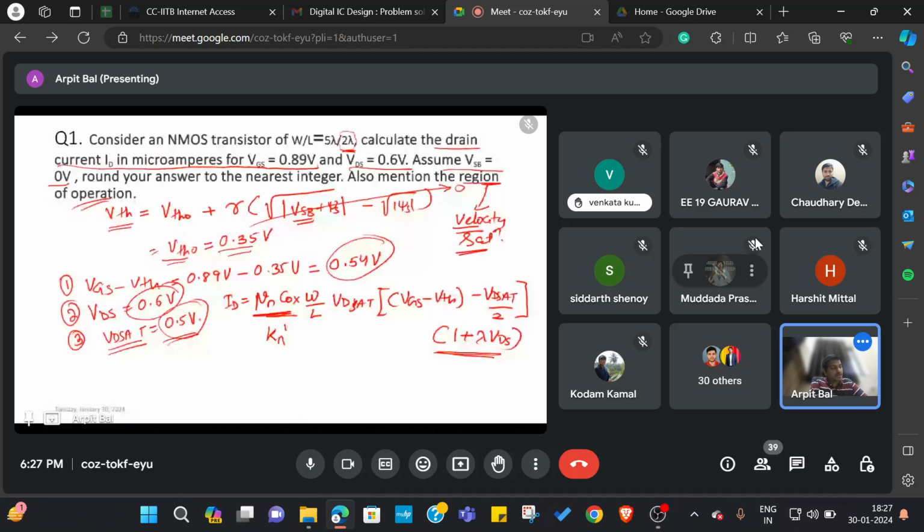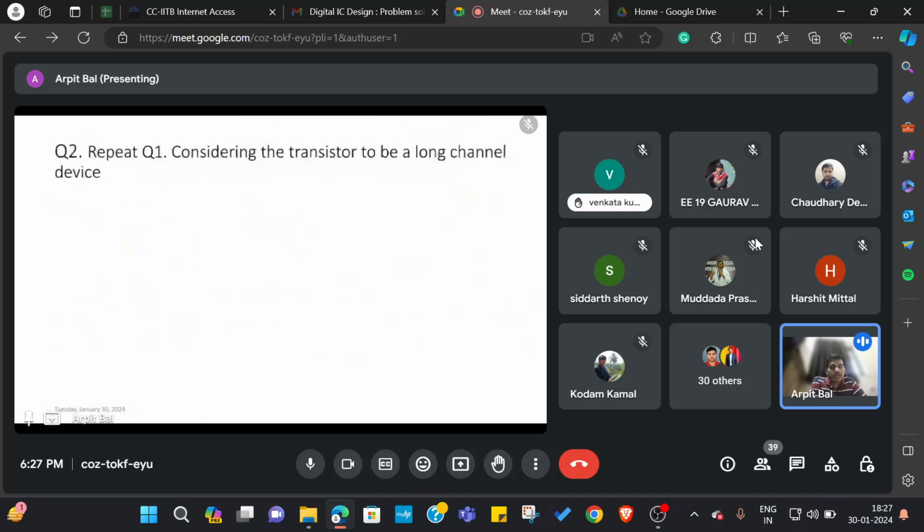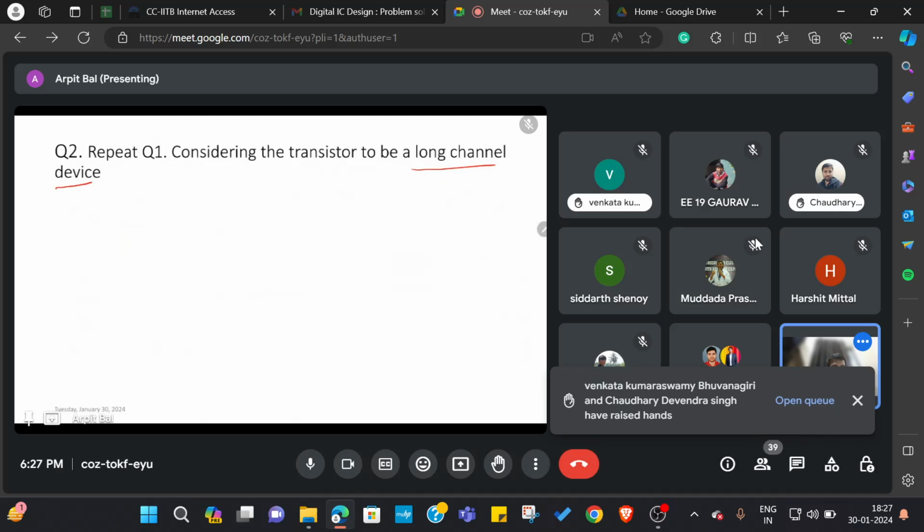Okay. So the previous question we did from a very practical point of view, but now I want you to repeat the same question, considering the transistor to be a long channel device. Yeah, Devendra.